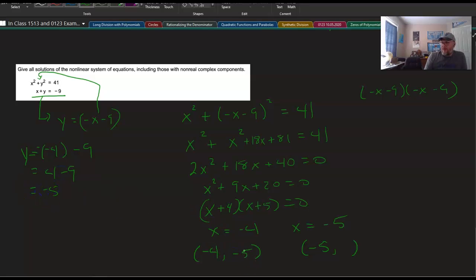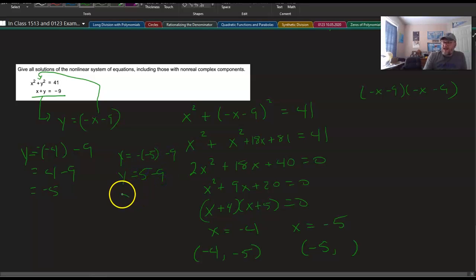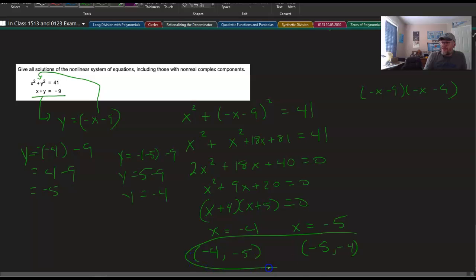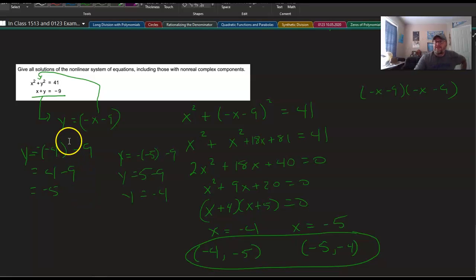So that's going to be my y value here. Now if I do the same thing, except this time substituting in the negative 5, look what I'm going to get here: 5 minus 9, which gets me a negative 4. So these 2 points right here are on both that circle and that line. All right. Hope that helps.